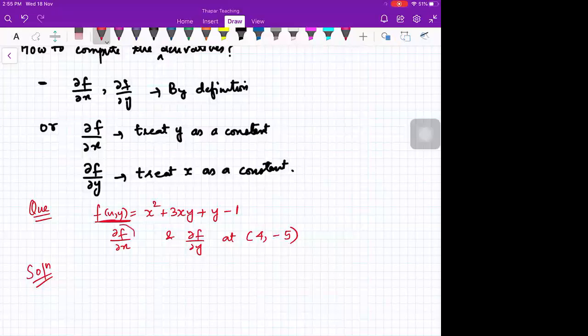When you want to compute the partial derivative of f with respect to x, differentiate f treating y as a constant. So you will have 2x plus, what will be the derivative here? 3y, because y is treated as a constant.